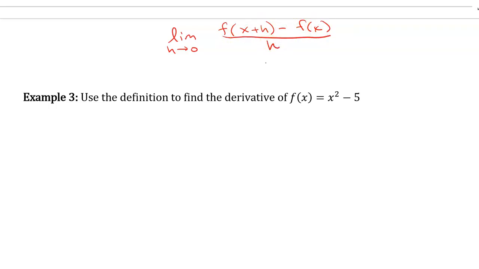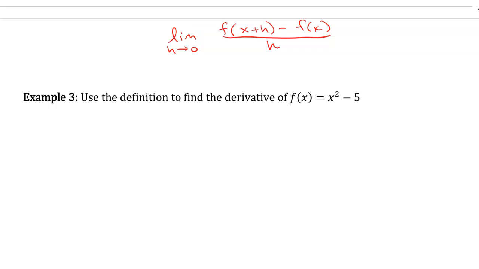Those of you who remember your college algebra, this should look vaguely familiar. It's called the difference quotient. It is the precursor to a derivative. All we got to do is tack on the limit and you have the derivative. So f of x is given to us, we just have to figure out the rest of it.